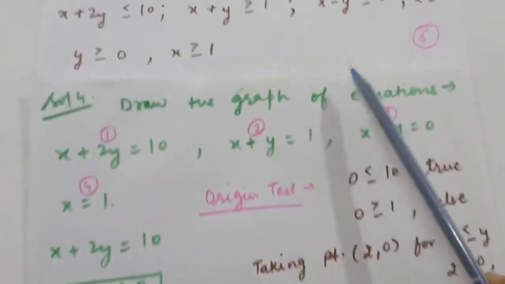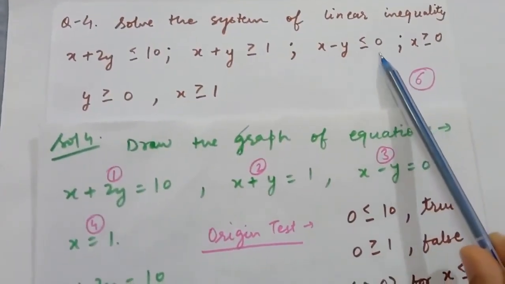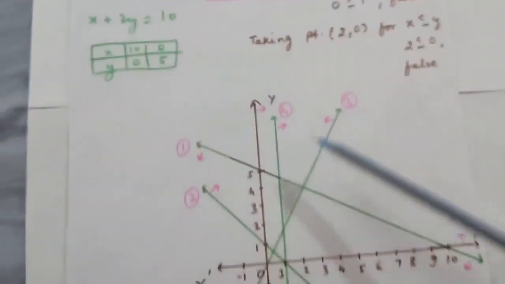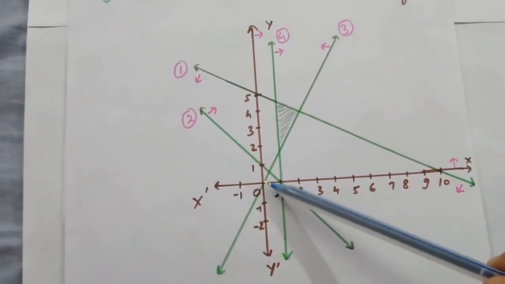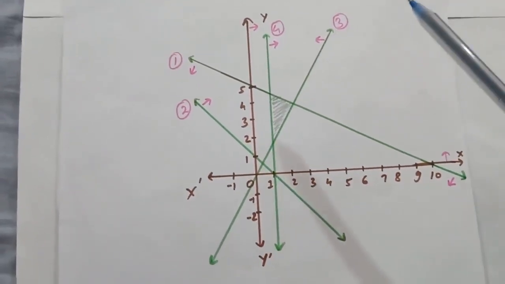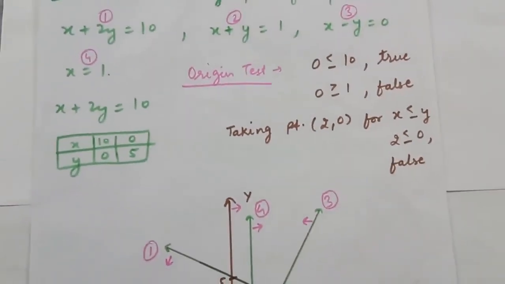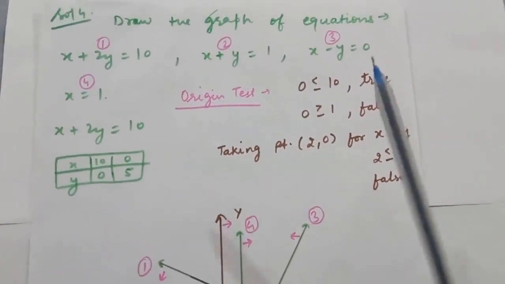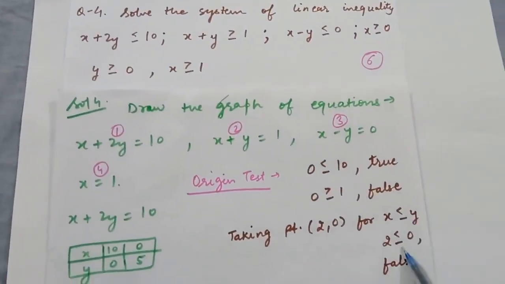Now for the third, you can see it is x minus y less than or equal to 0. So see, the third line passes through the origin. So the origin test is not possible. Therefore, we will take any other point. So I am taking the point 2, 0. So for 2, 0, this will become x less than or equal to y.